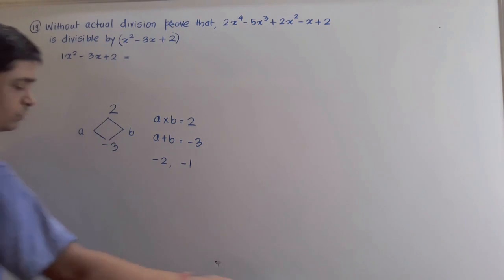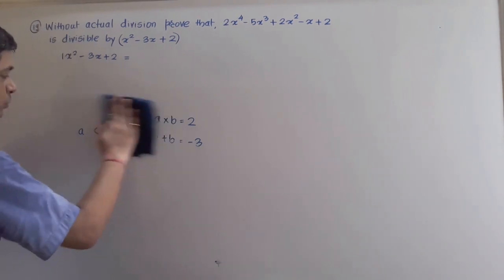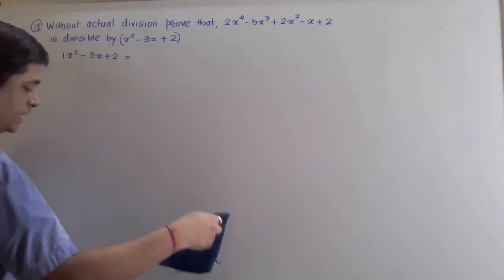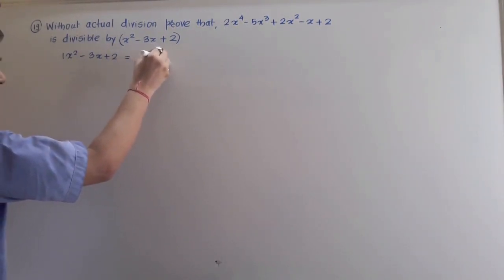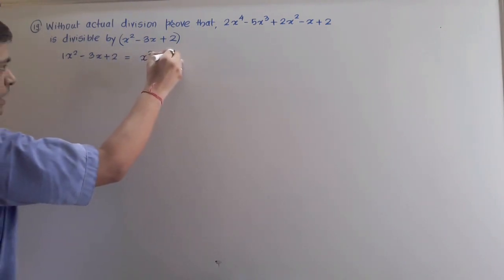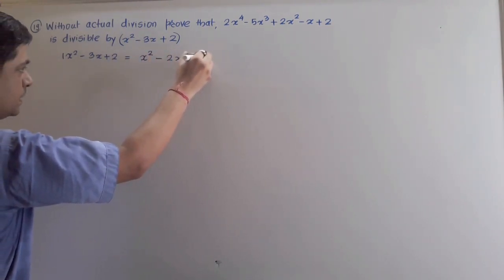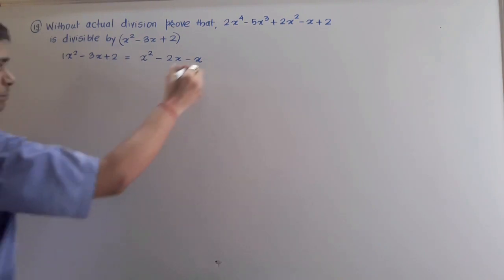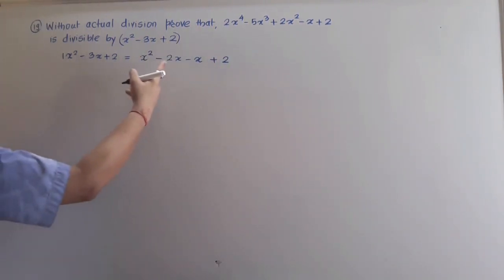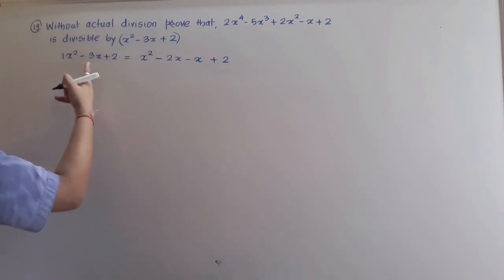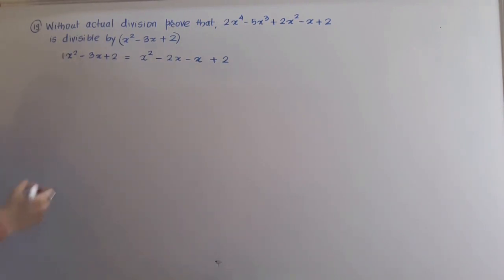So we shall take the two parts of minus 3x as minus 2x and minus x. Here I am writing x square as it is, in place of minus 3x I am taking minus 2x minus x, and then plus 2 as it is. If we add minus 2x and minus x, it becomes minus 3x only.